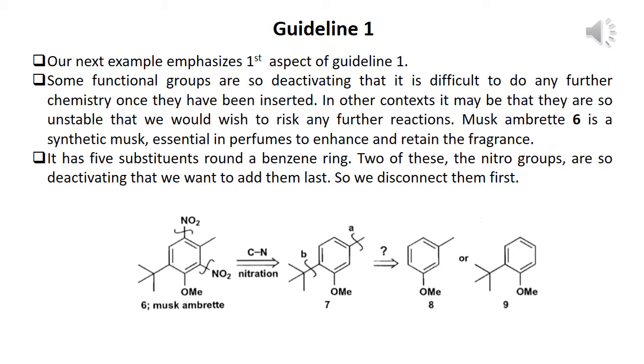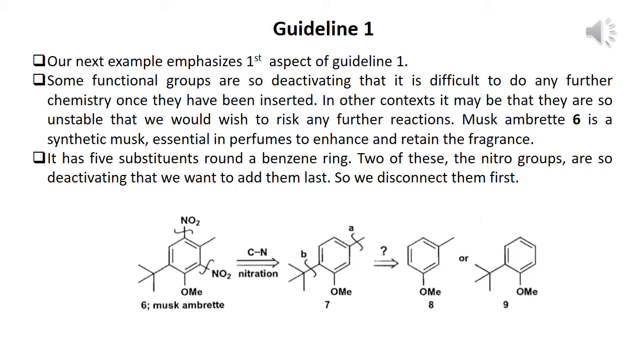Musk Ambrette 6 is a synthetic musk. You can see at the bottom there is a disconnection in which the first compound is written as number 6, musk ambrette. It is essential in perfumes to enhance and retain the fragrance.